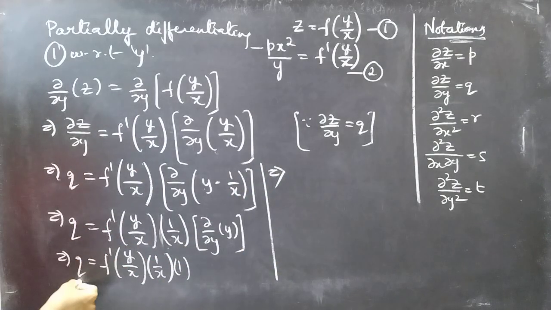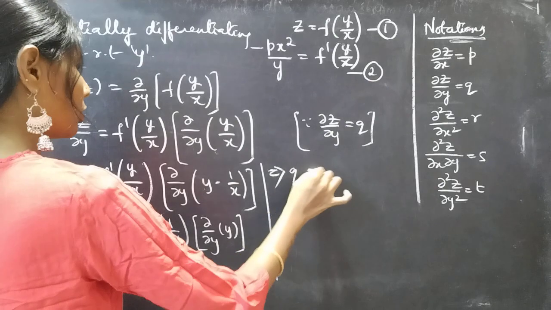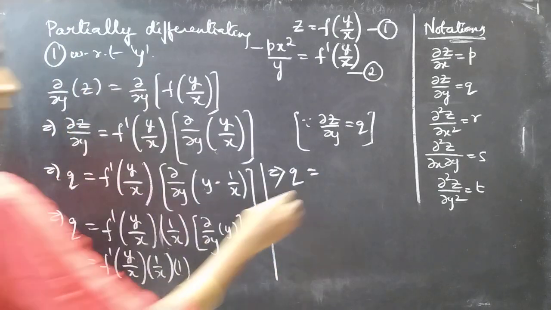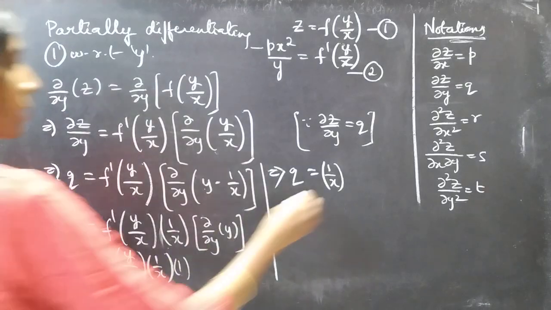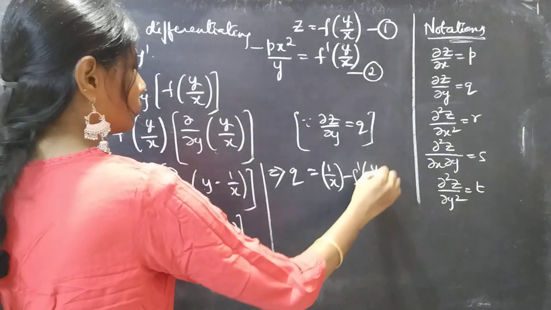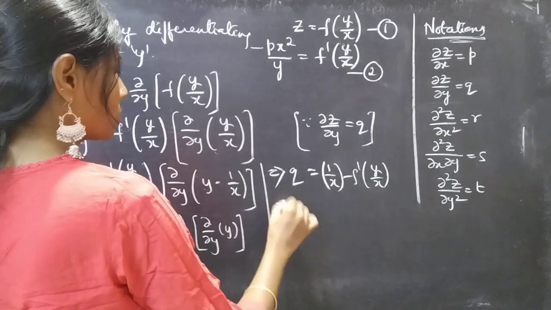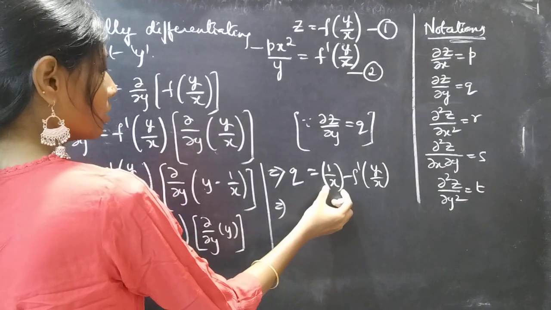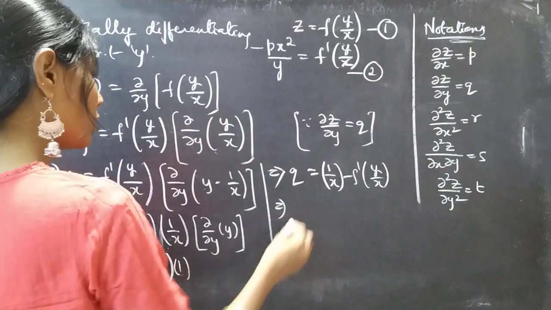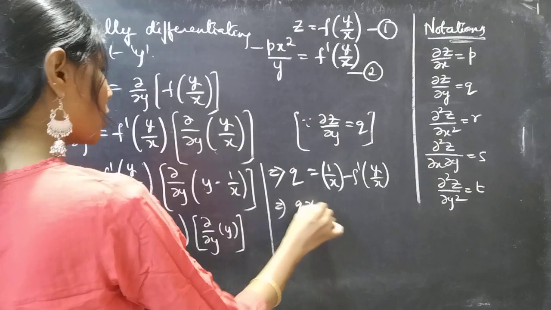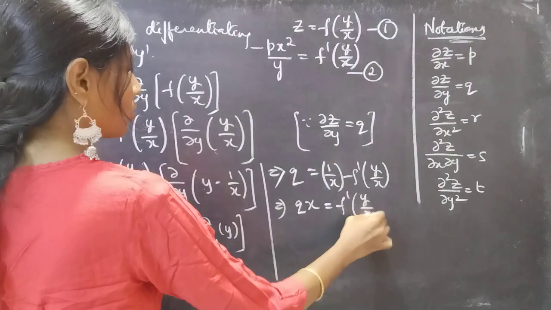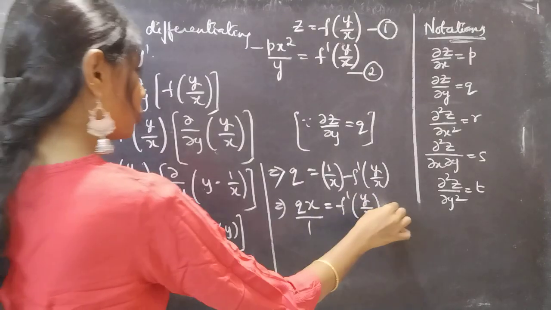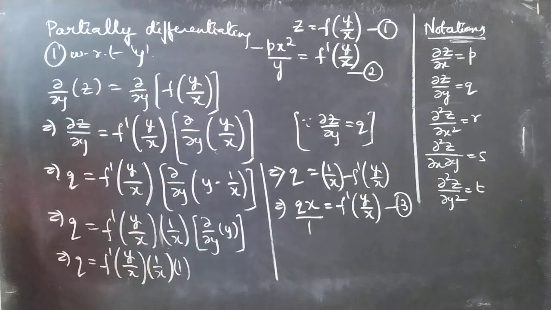This gives us q equal to 1 by x into f dash of y by x. Now bring this 1 by x to LHS, you'll get q x equal to f dash of y by x. No problem. Consider it as equation number 3.